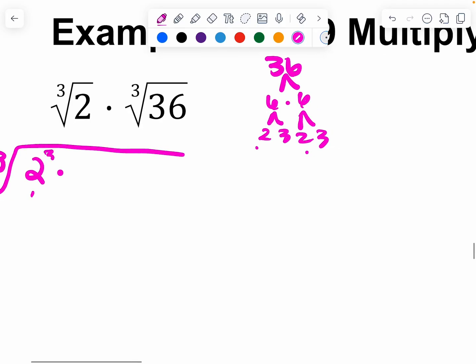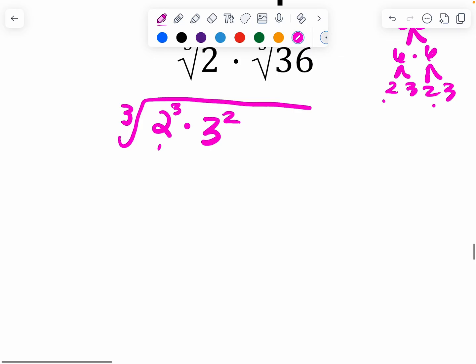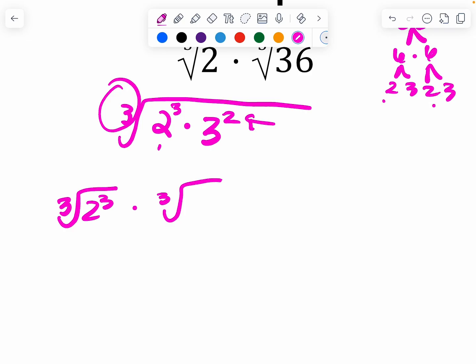I have 3 2s and I have 2 3s. I need 3 of these, right? So this is the cubed root of 2 to the third times the cubed root. And since this doesn't say 3 or a multiple of 3, I'm just going to write that as 9. So that's 2 cubed root 9.